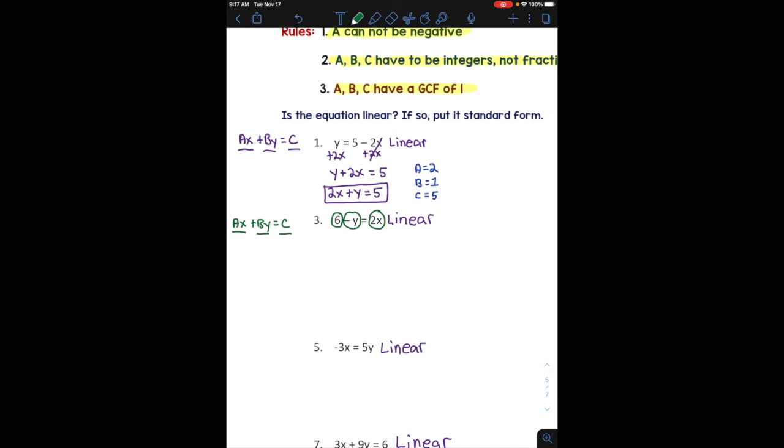I want to rearrange these so the x and the y are on the left side, and the number with no variable is on the right side. In that case, that c value, or the number that should be on the right side, is 6. So how am I going to move it over to the left side?